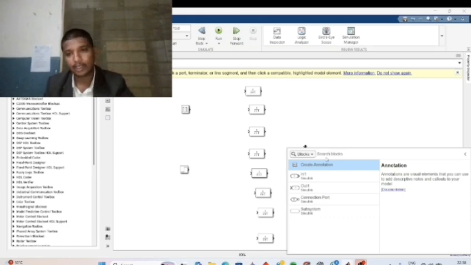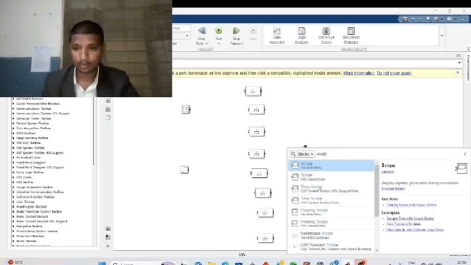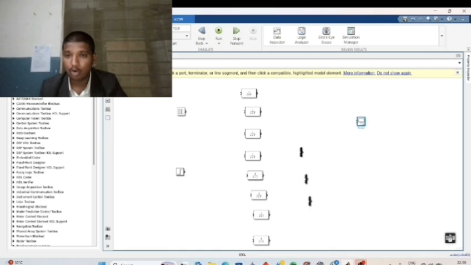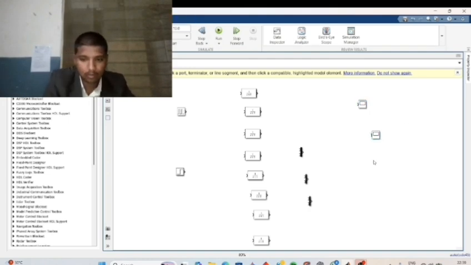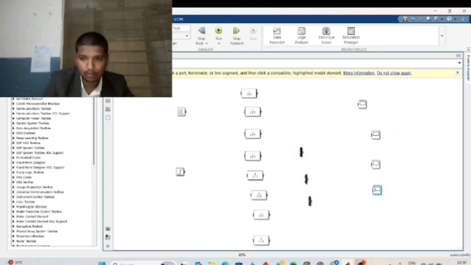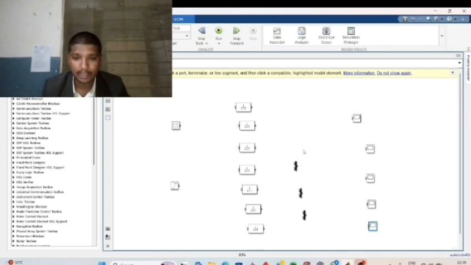It takes multiple inputs and gives a single output to our system. So let us take scopes. The main function of a scope is to show the output waveforms. Five scopes are there. So let us join everything, guys.